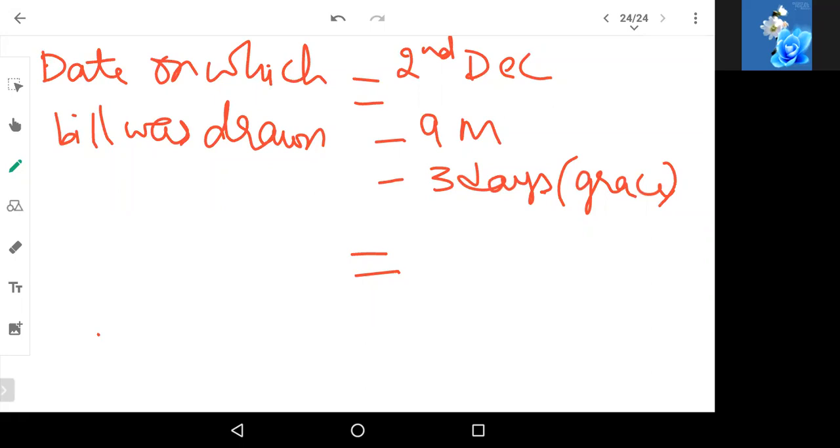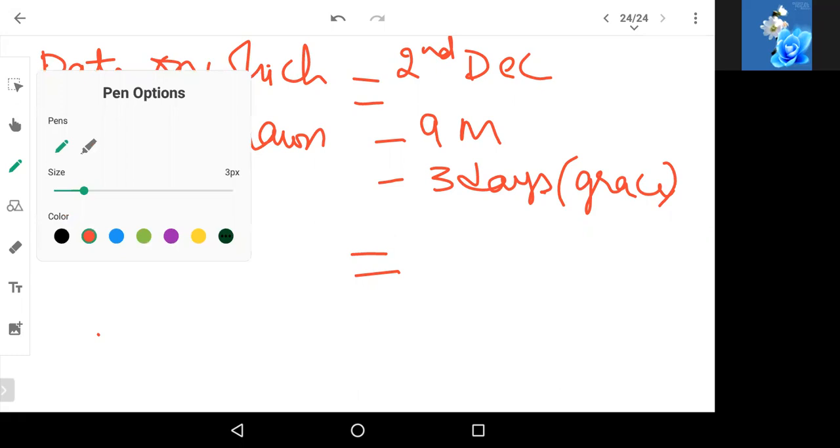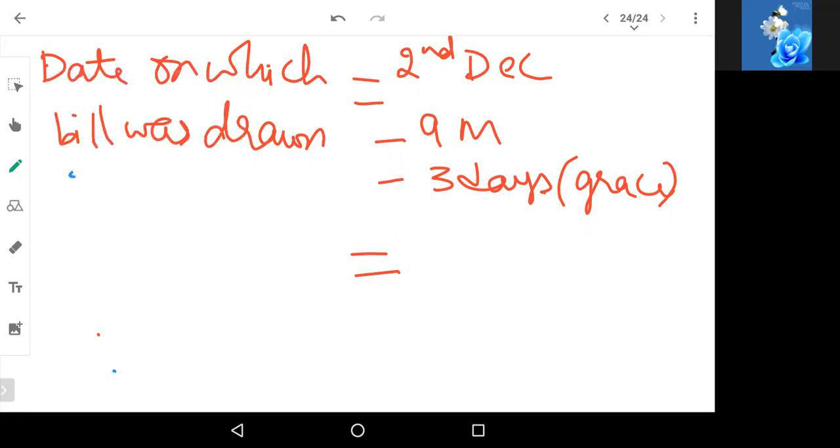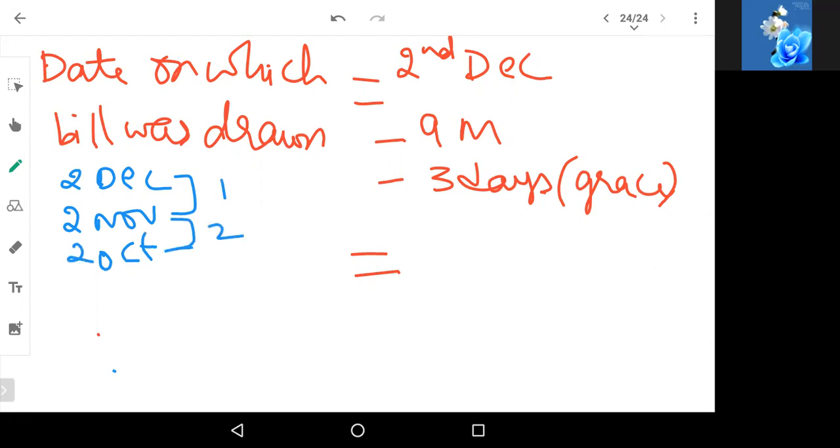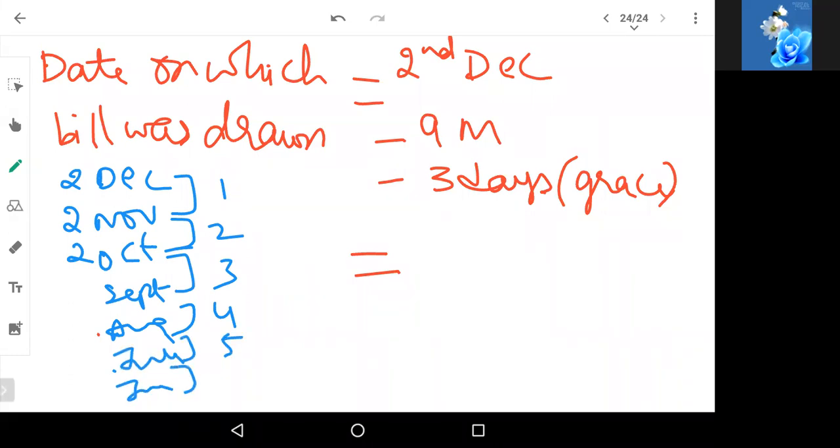Okay. Now let us do the reverse calculation. If you do the reverse calculation, 2nd December to 2nd November is 1 month. 2nd October is 2. Then September is 3. August 4. July 5. June 6.